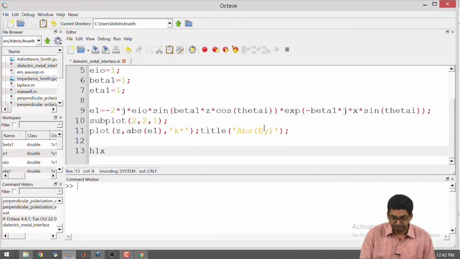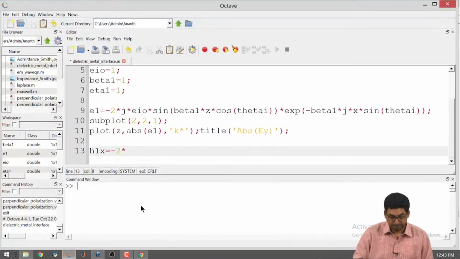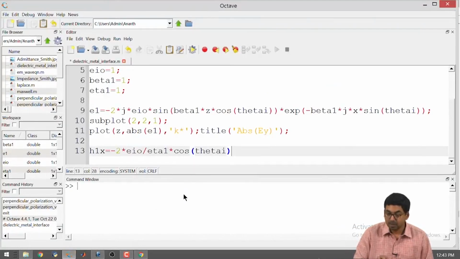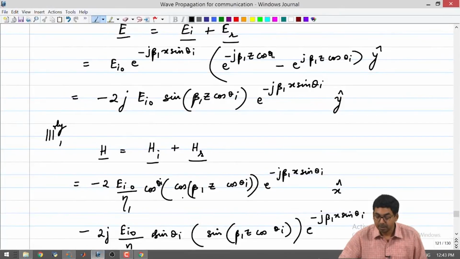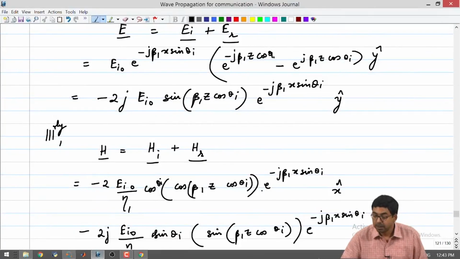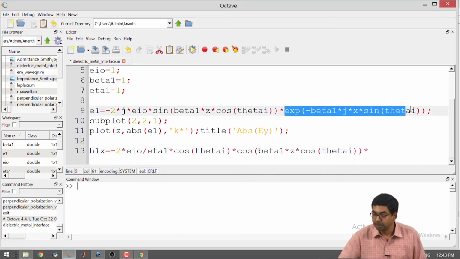So, I will just say H1x. I will have minus 2 times, need to see the expression otherwise, Ei naught by eta 1, cos theta I. It will be convenient to have the expression on the right side, I feel, to cos beta 1 z cos theta I, into e to the minus j beta 1 x sin theta I. I think that part I am just going to copy and paste from the line above because it is the same.